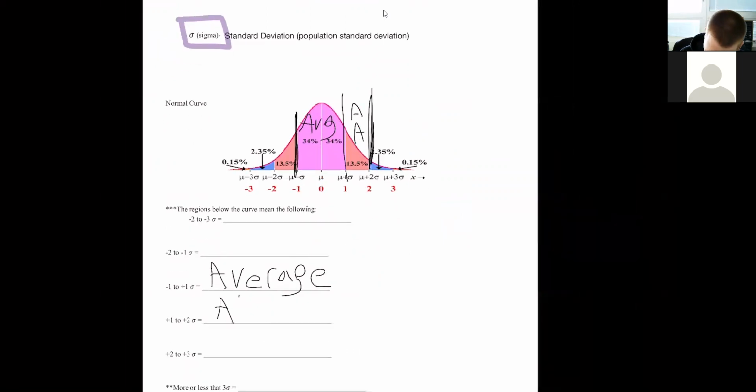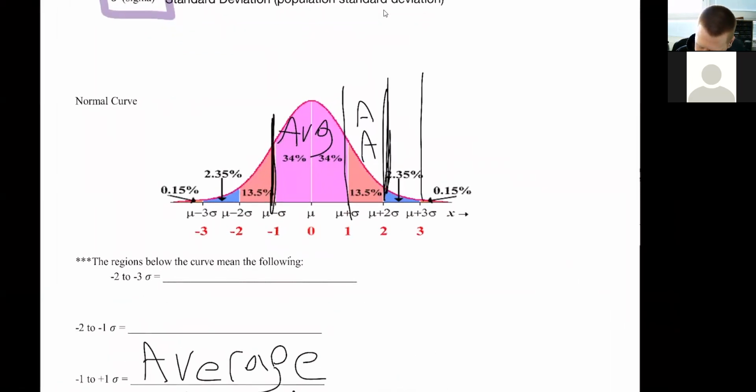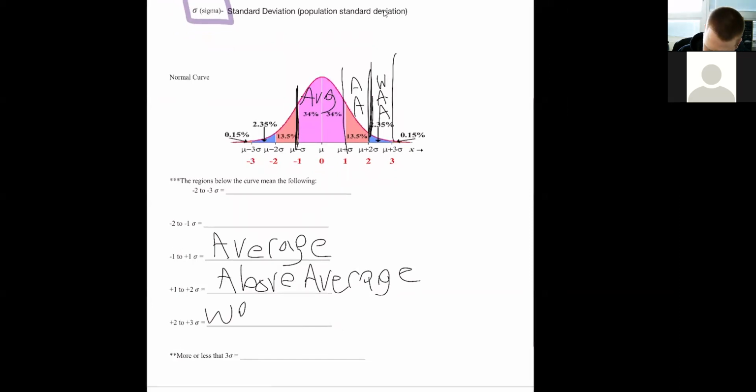If we're talking about height, you're a little bit taller than most people in your class, but not a giant necessarily. Between 2 and 3 standard deviations, I usually say this is way above average. This would be your crazy basketball players that are almost 7 foot or approaching that. They're way taller than most of your population.